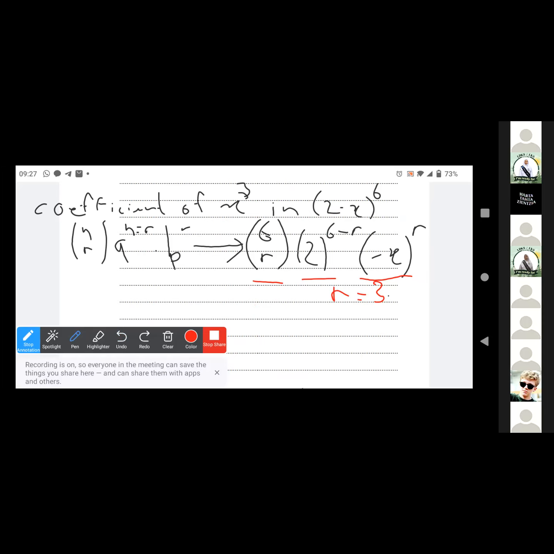I may not go into too much detail on the calculation. Basically 6C3, 6 combination 3: 6 choose 3 times 2 to the power of 6 minus 3, so 2 to the power of 3, times negative x to the power of 3. And then what is 6 choose 3?